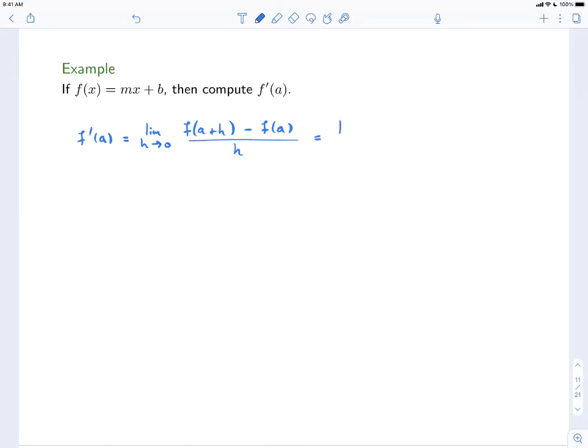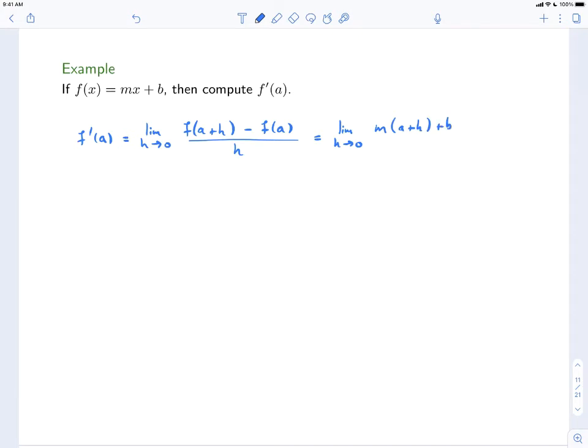Okay, so this is the limit as h goes to 0. And how do we compute f of a plus h? Well, our function f of x gives us mx plus b. So whatever the input is, we take that input, multiply it by m, and then add b to it. So we're just going to replace this x with a plus h. So this is going to be m times a plus h plus b.